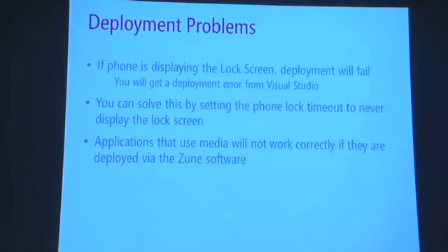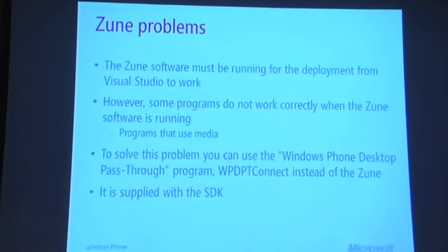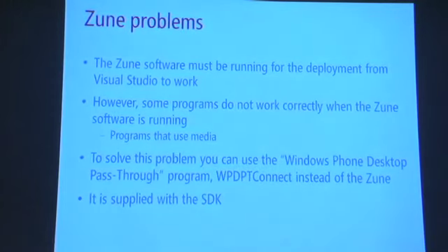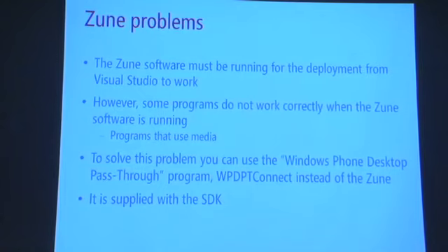If you're using media, for example, a lot of video or audio, and you have Zune open at the same time, you will have some issues. The way to get around that is something called Windows Phone Desktop Pass-Through. Just do a friendly web search on that; it uses a program called WP-DPT Connect so that you can bypass the need for Zune.